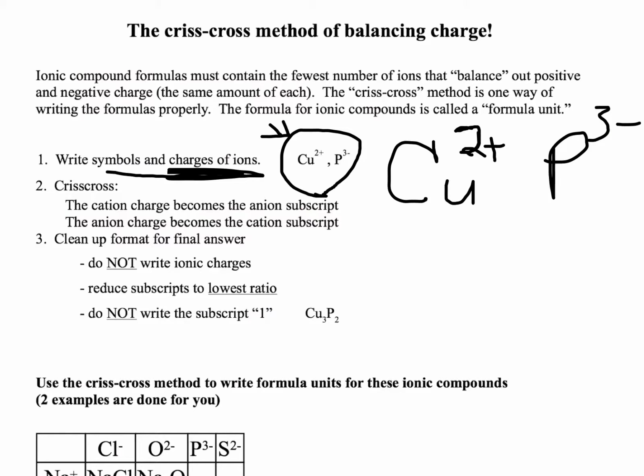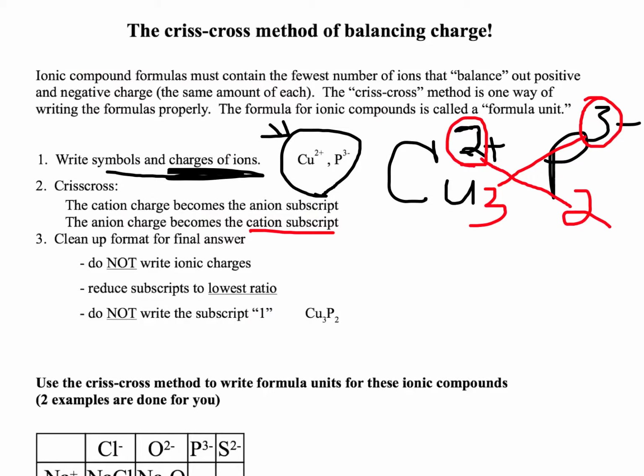So we're going to need to take that number, just the number, not the charge. So we're going to take that 2 and we're going to cross it down to the opposite ion, the anion. And so then that means that we take the phosphide's 3 and that becomes the subscript for the cation.